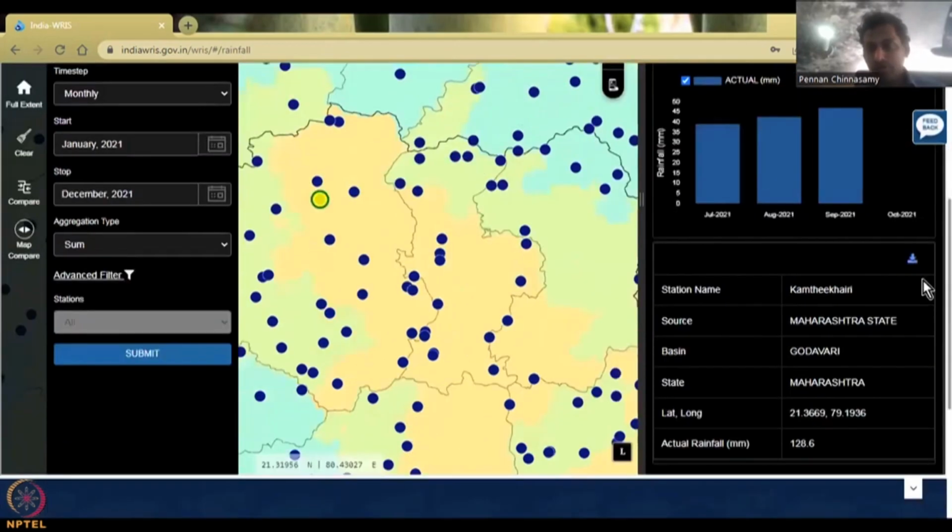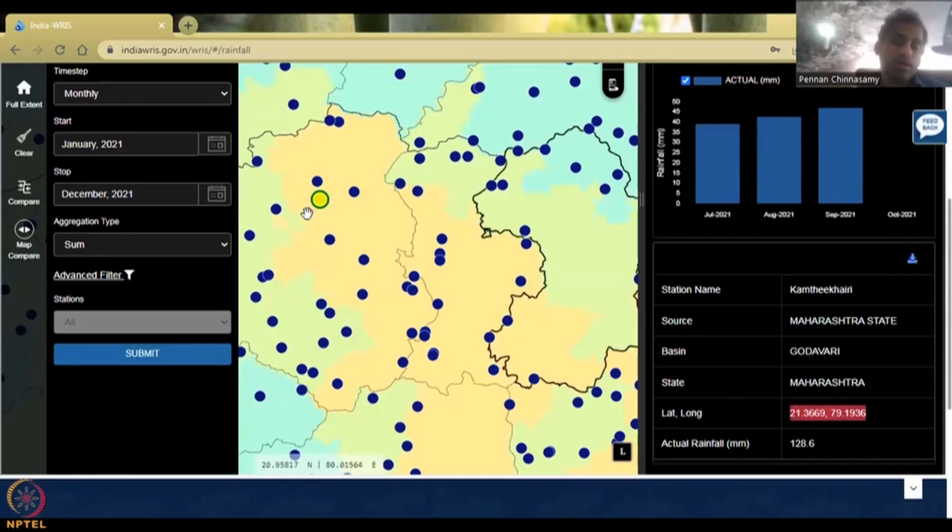Now, if you come down, you can download this data into your Excel, PDF, or tabular format. And it is also giving you the lat long, which means the exact location of the station. Please understand the format of that number. It is very useful to understand that these decimals are given to correctly position you at that point.